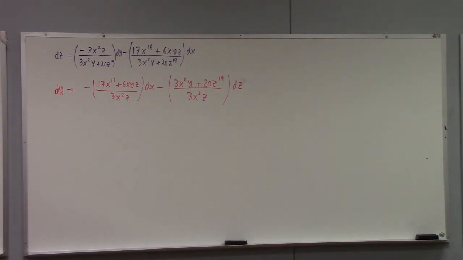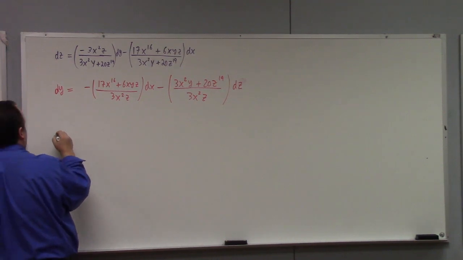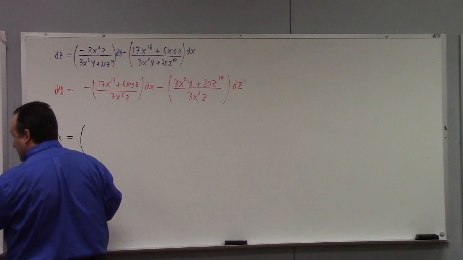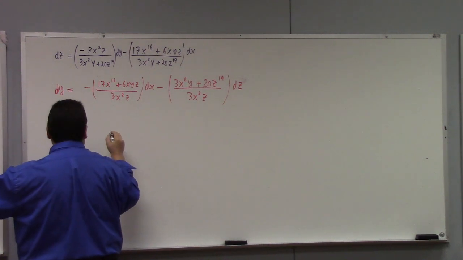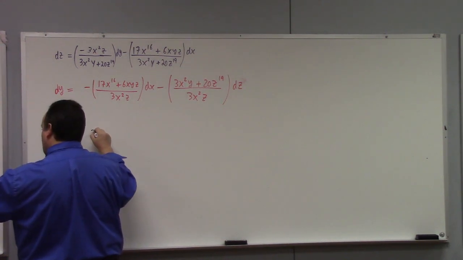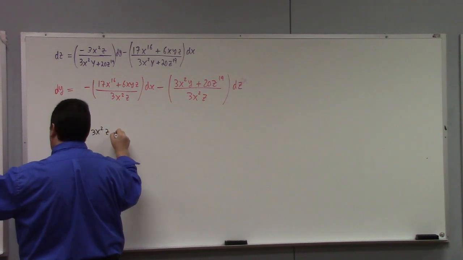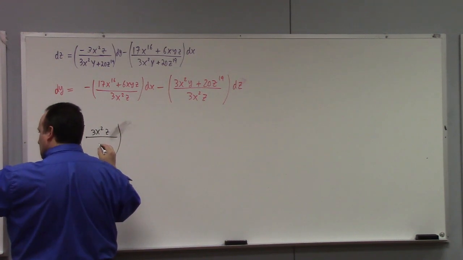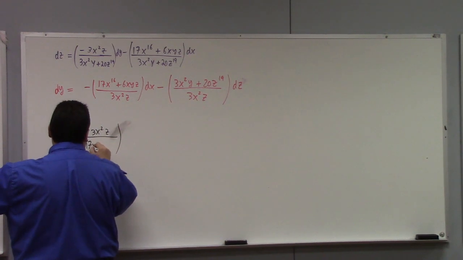And then finally, let's solve for dx. If I solve for dx, I get minus 3x squared z dy divided by, what was the coefficient of dx here? 17 x to the 16 plus 6xyz.